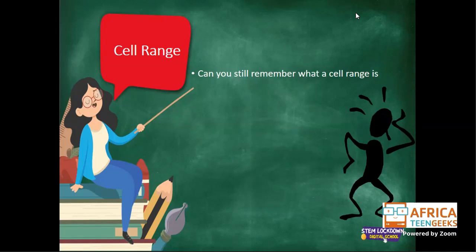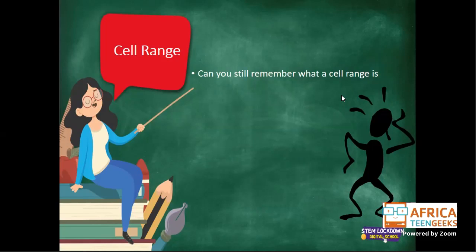So we did this. Since we know what a cell is, now you must understand what a range is, from this point to this. We spoke about cell references yesterday. I think you still remember what a cell reference is and why it is important to use it. I believe you also understand the difference between function and formula.